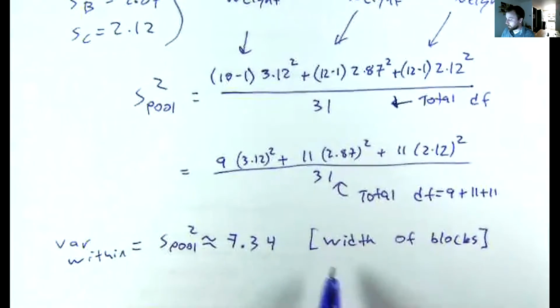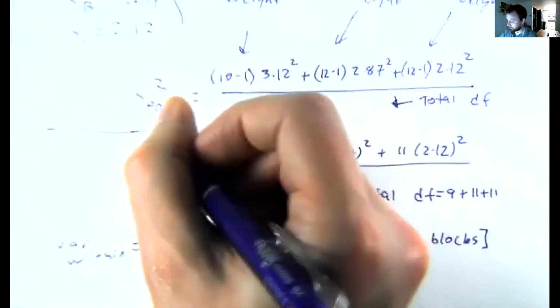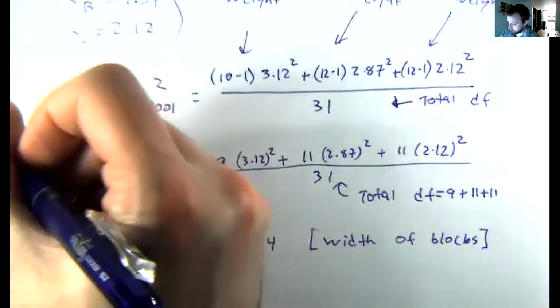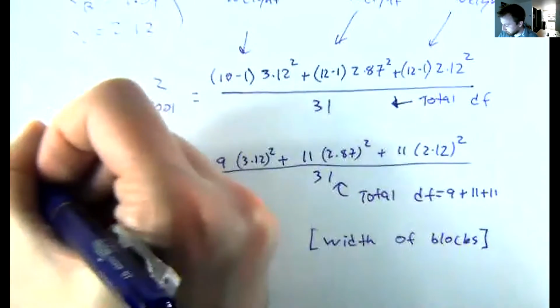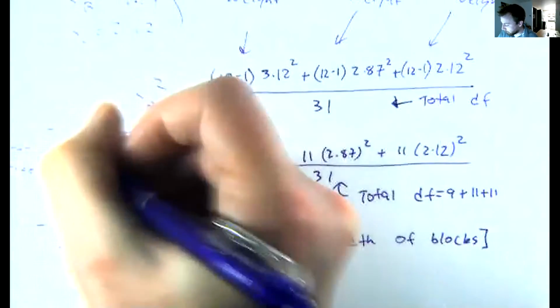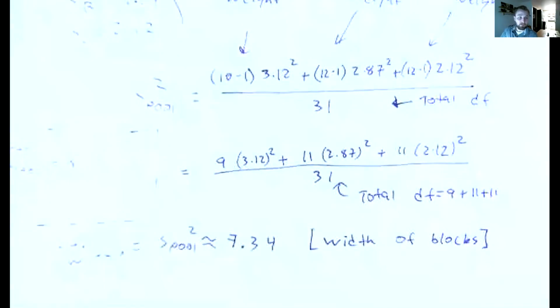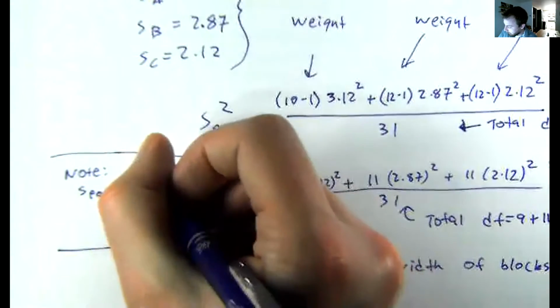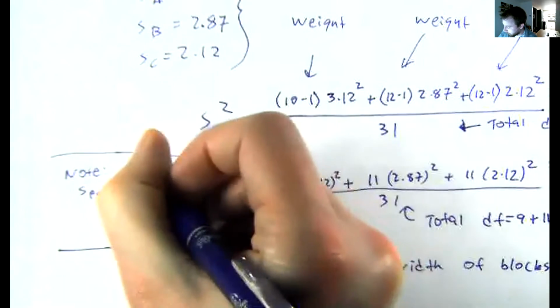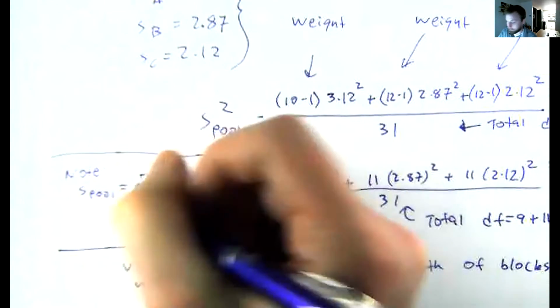But just a quick little side note here. Let's take the square root of this variance to get a standard deviation. So I'm going to take the square root of 7.34 and let's see what this gives me.